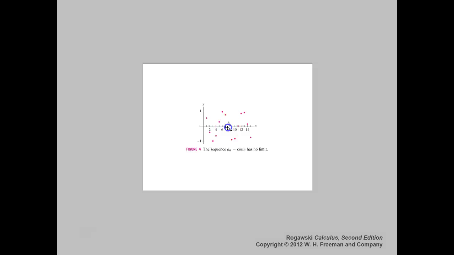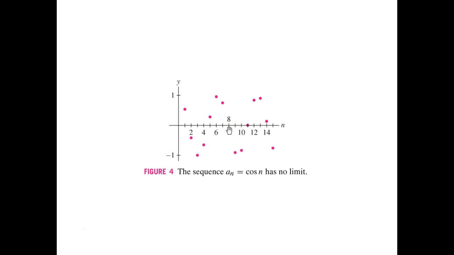This is a function, cosine n. A sub n is equal to cosine n. Does that have a limit? N, assume, is measured in radians. So when n is equal to 1, if n is equal to 0, cosine of 0 would have been 1. Obviously, we're not counting that.